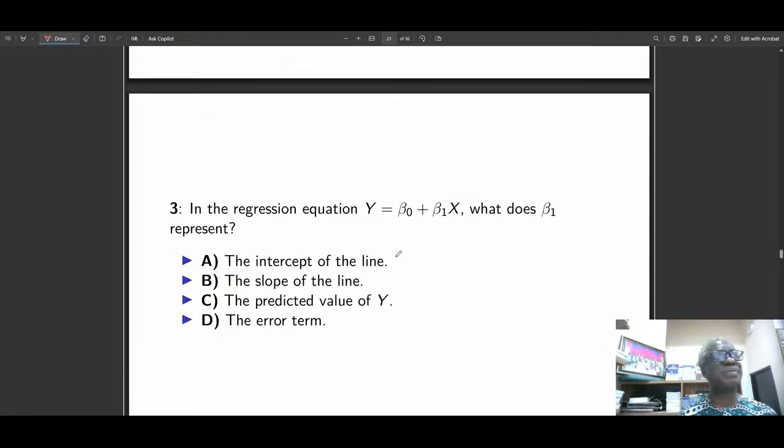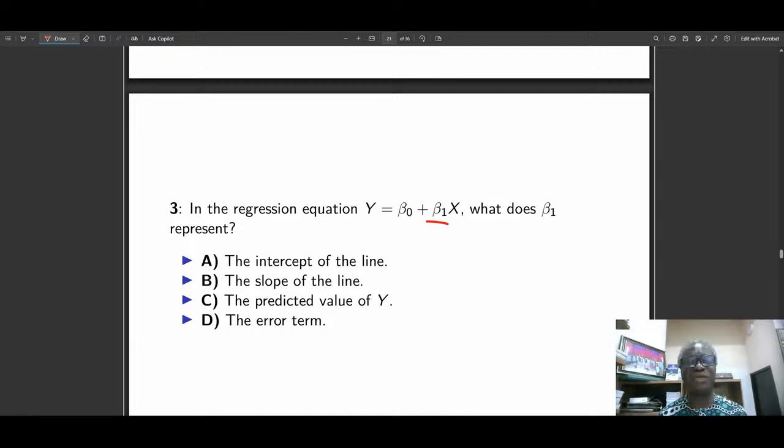Question 3. In the regression equation, y equals beta naught plus beta 1x, what does beta 1 represent?